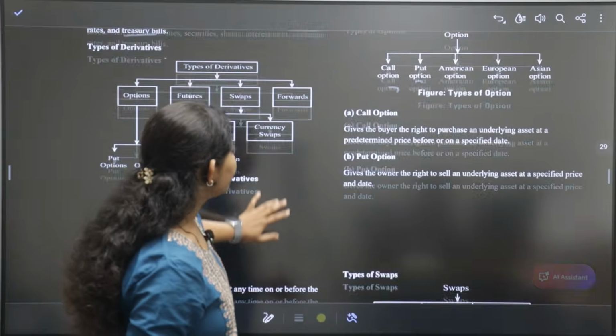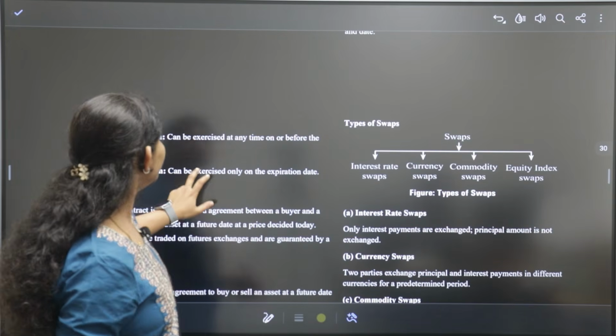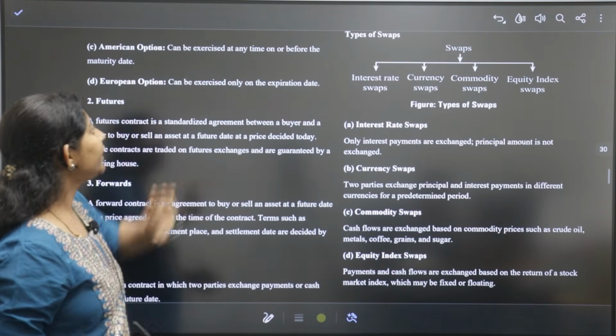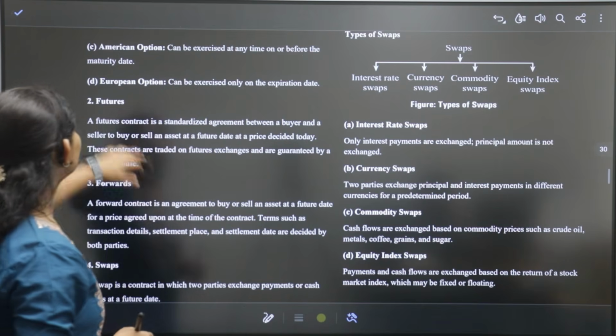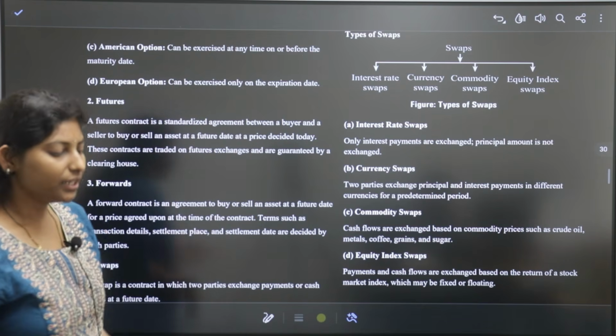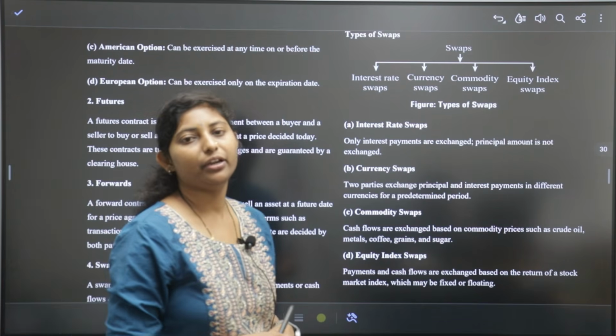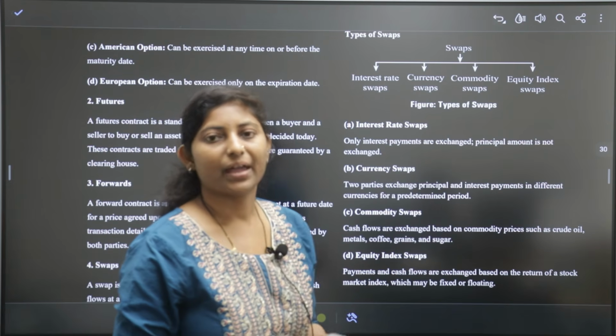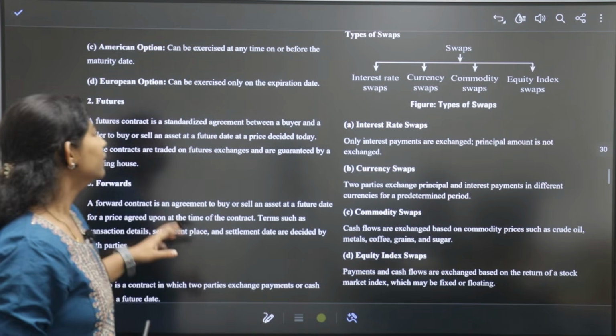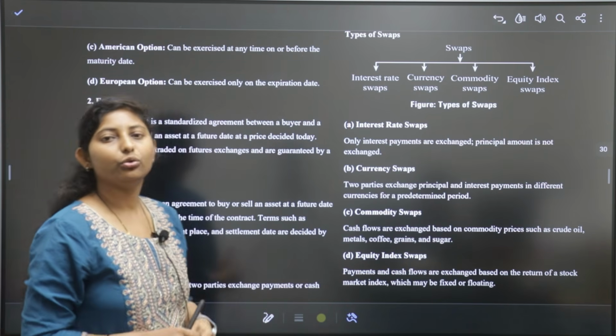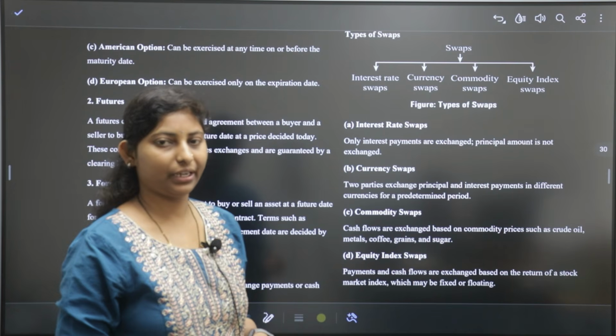Next, the American option can be exercised at any time on or before the maturity date. It can be sold before the maturity date, no need to wait up to the maturity date. Like the European option, we need to wait up to the maturity date, like FDs.